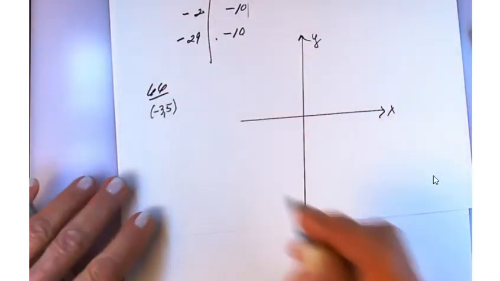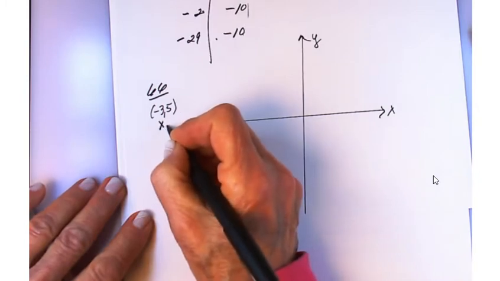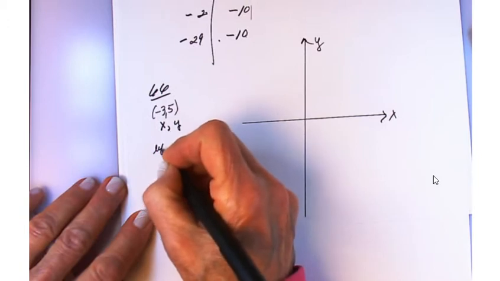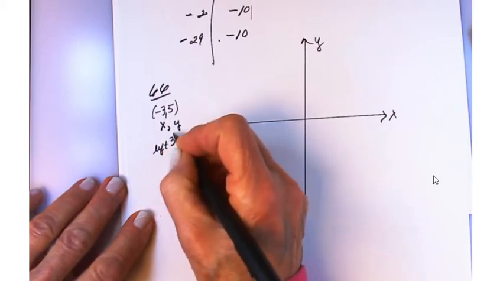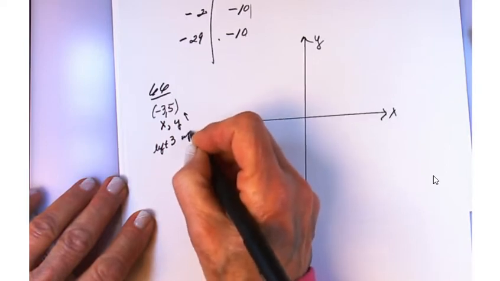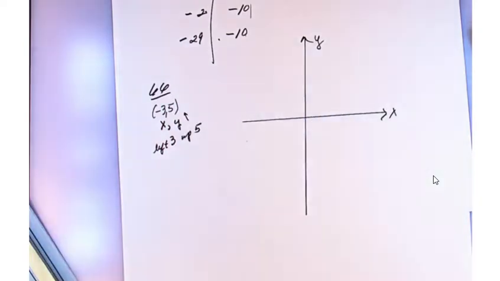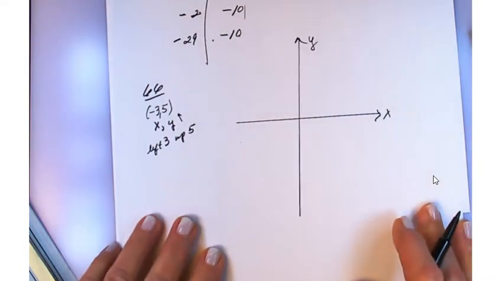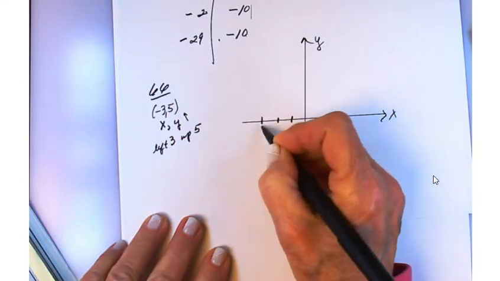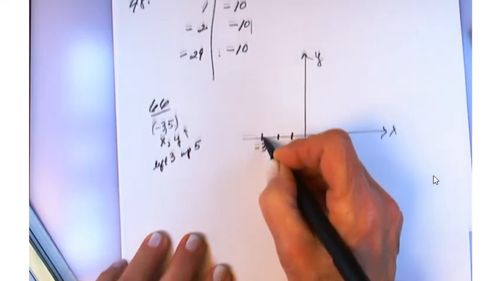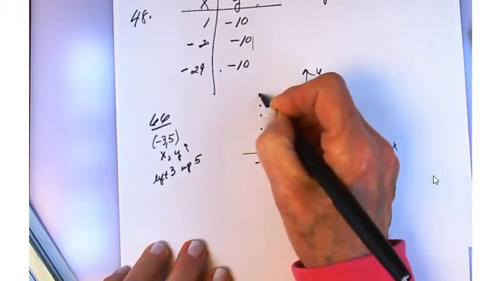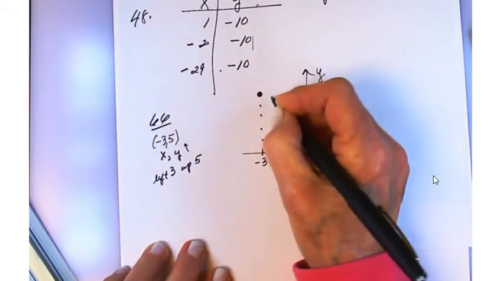So give yourself a hint, x and y, so that minus 3 is left 3. The y tells me to go up, and this would tell me up 5. Left 3, up 5. Okay? So left 3, 1, 2, 3, stop, go up 5. 1, 2, 3, 4, 5, stop. And here's our endpoint, minus 3, 5.